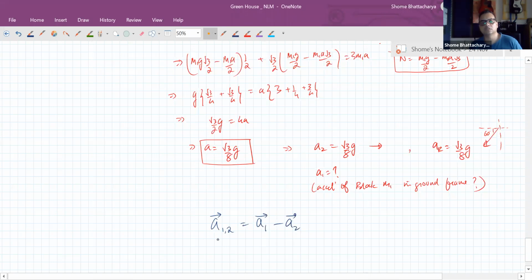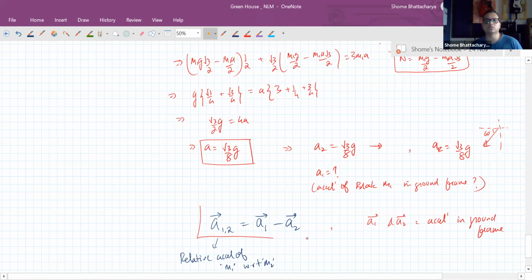Okay, so this here is the relative acceleration of m1 with respect to m2, whereas these two are accelerations in the ground frame for m1 and m2. Okay, so hope this equation is clear to all of you.